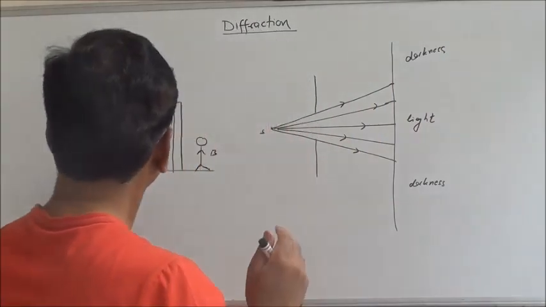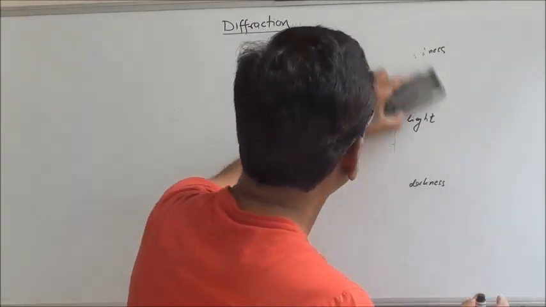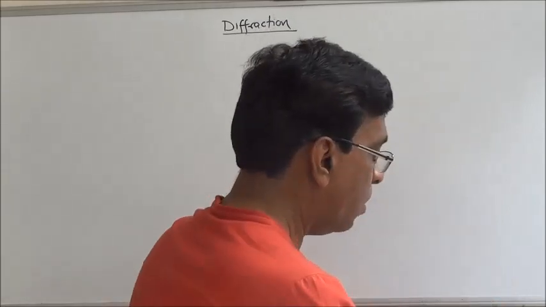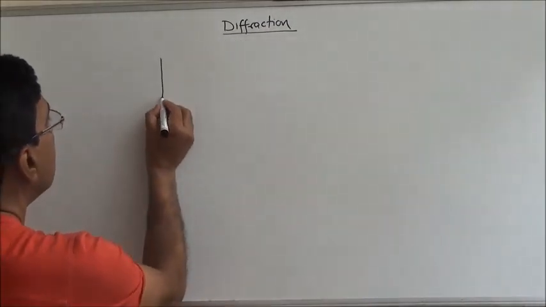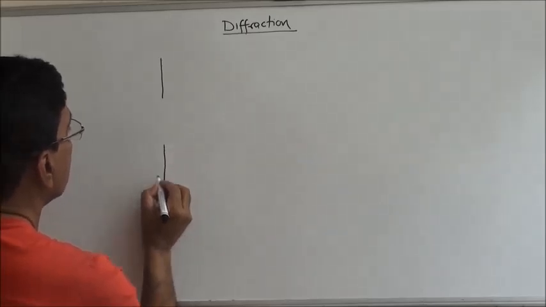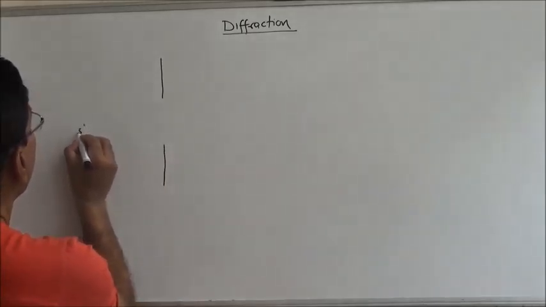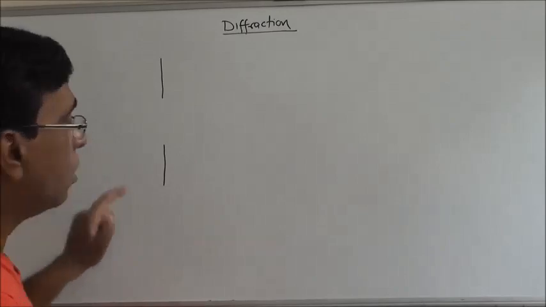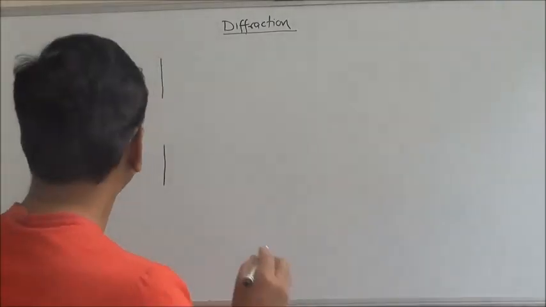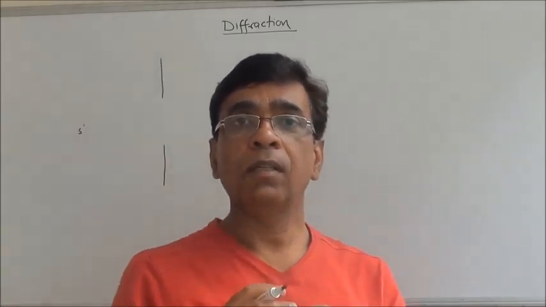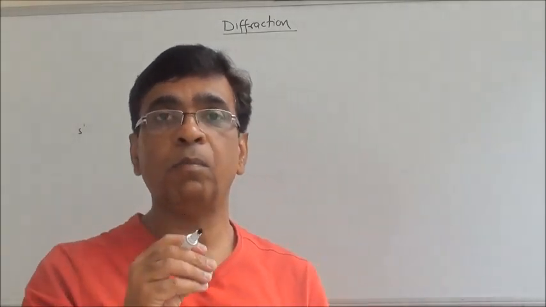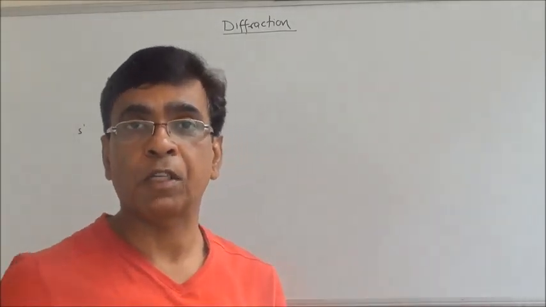Now let's talk specifically about bending using a narrow single slit. I am taking a monochromatic source of light. If we take a polychromatic source, then each wavelength will produce its own diffraction pattern.